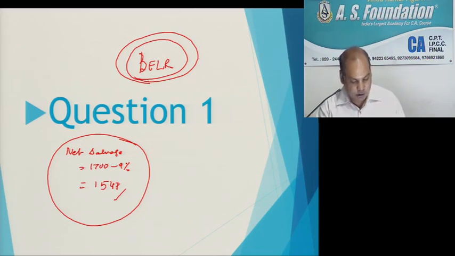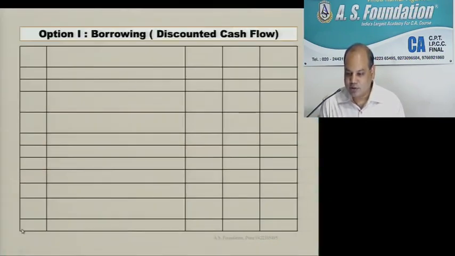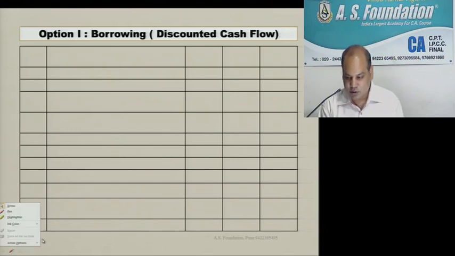To help you, they have given you discounting factor also. So you will also use the same factor, so that your answer will tally with the institute. If the factors are given, it is advisable you follow the same factor, so that your answer matches the institute answer and they will give you more marks.